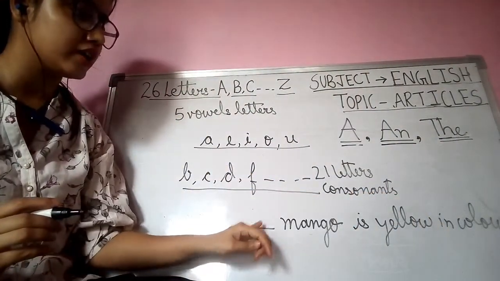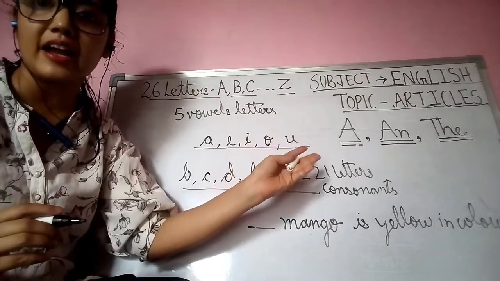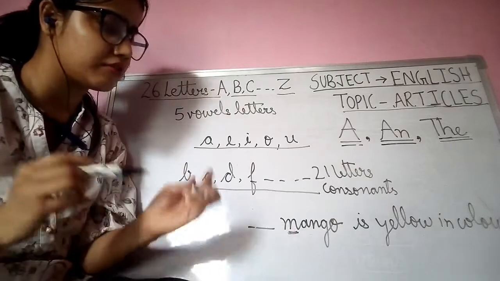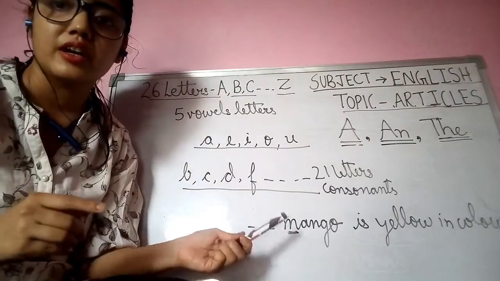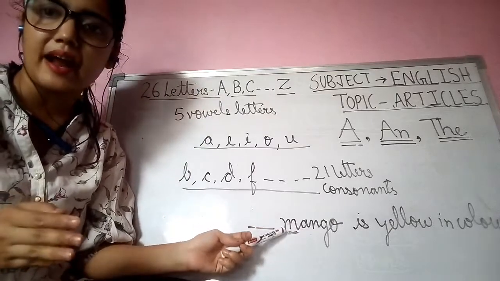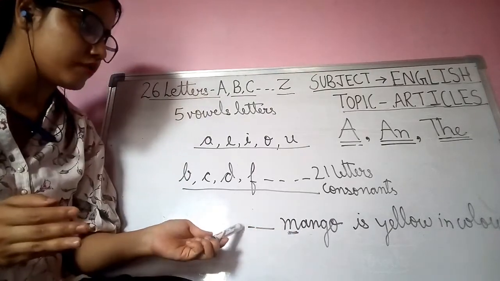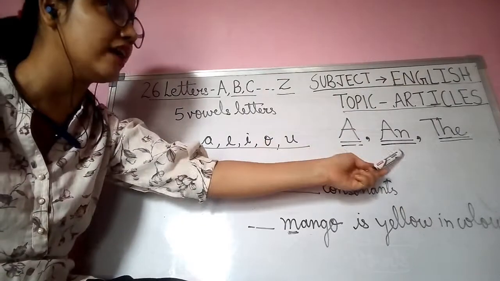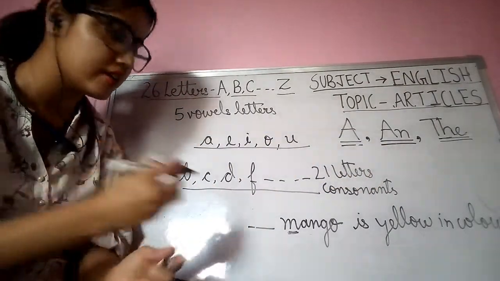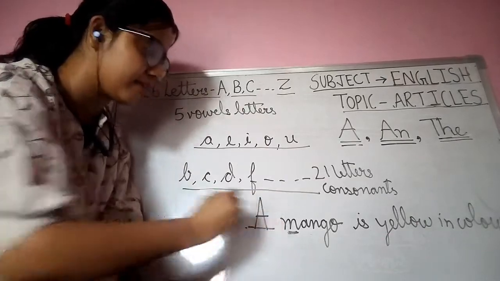Now before it, what will we use, a or an? First of all, you check whether the first letter of the word is a vowel or a consonant. It's M, and M is a consonant. So before it, what will we use, a or an?